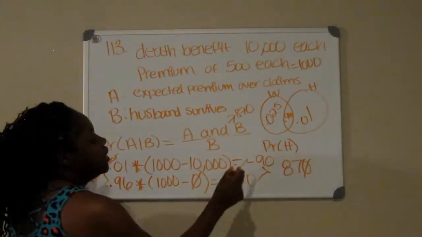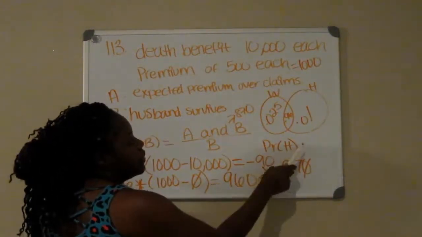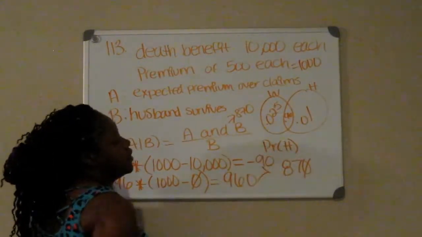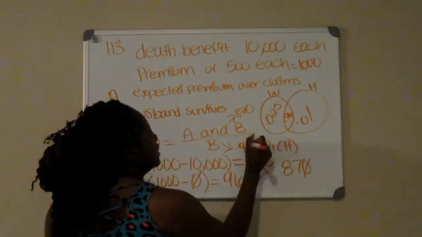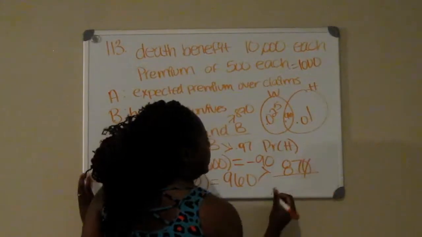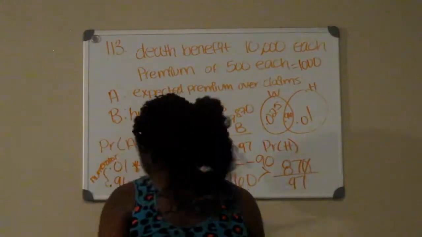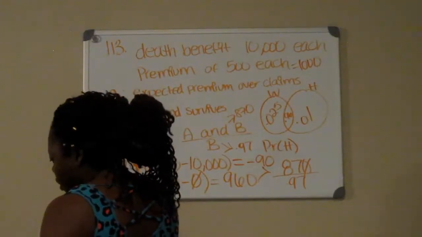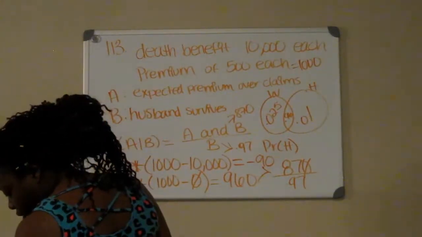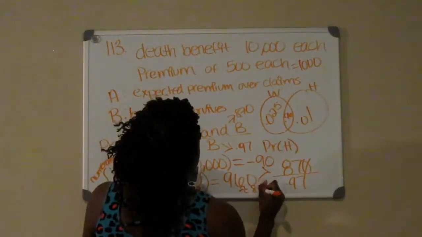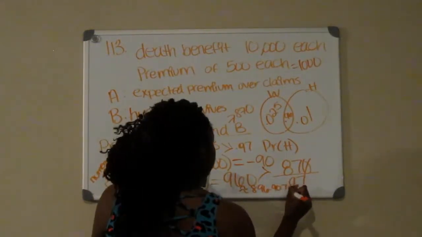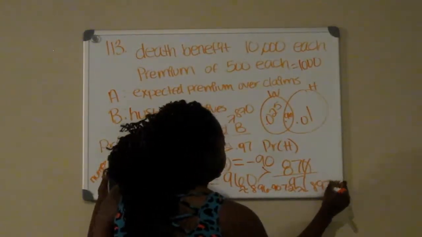We went over this: the probability that the husband survives is equal to the probability that he survives and his wife dies plus the probability that they both survive, which is 0.96 plus 0.01, or 0.97. Now if you divide 870 by 0.97, you get your answer choice, which is answer choice E, because this gives you approximately 896.9072, approximately 897.